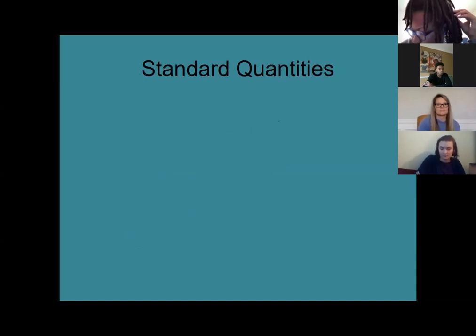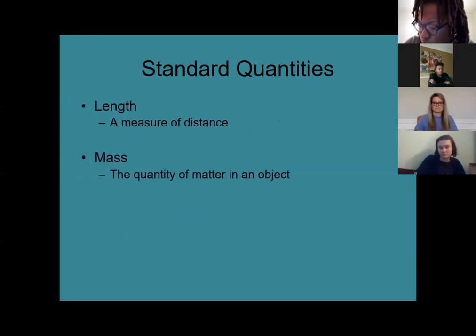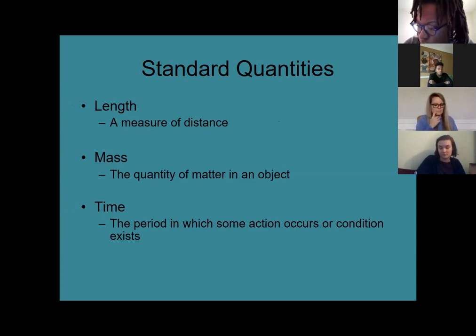So if we have basic units, we also have to have basic quantities, or the standard quantities. And the standard quantities are length, mass, and time. Length is pretty easy to understand. It's a measure of distance. How far? Mass, we've already defined. Mass is the quantity of matter in an object.